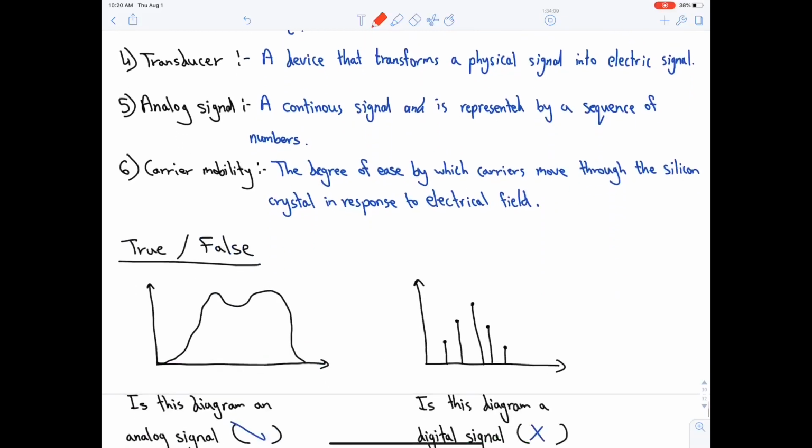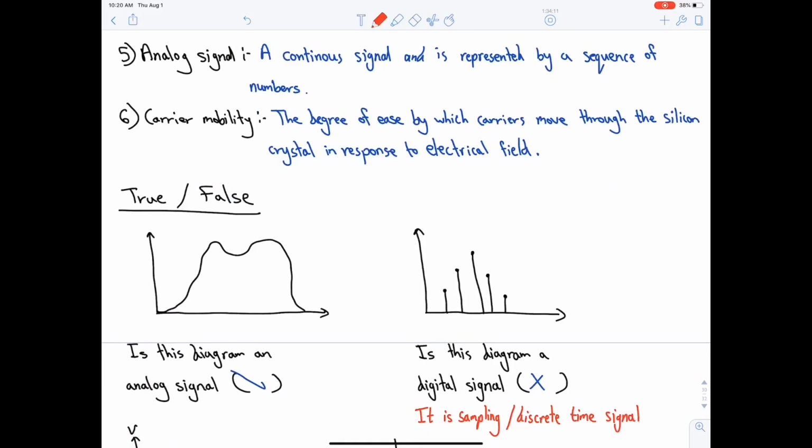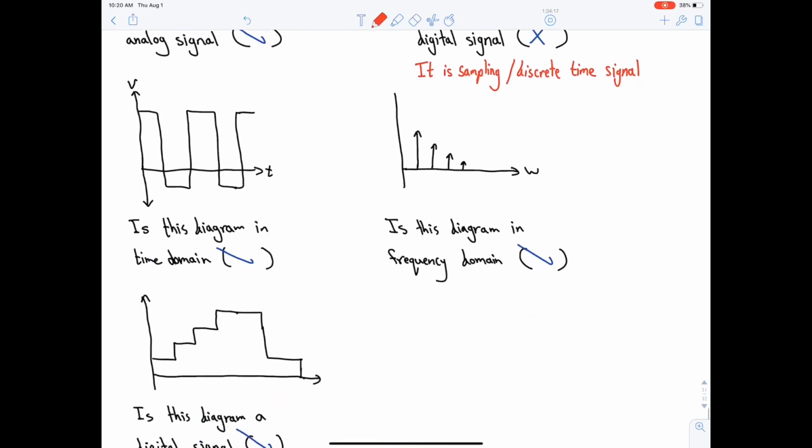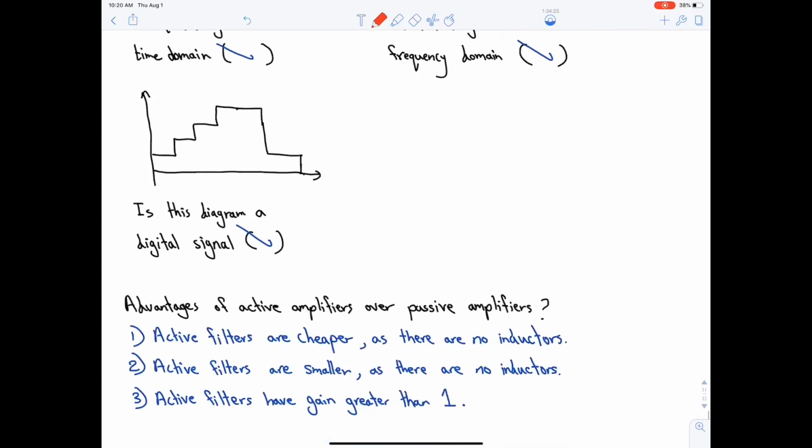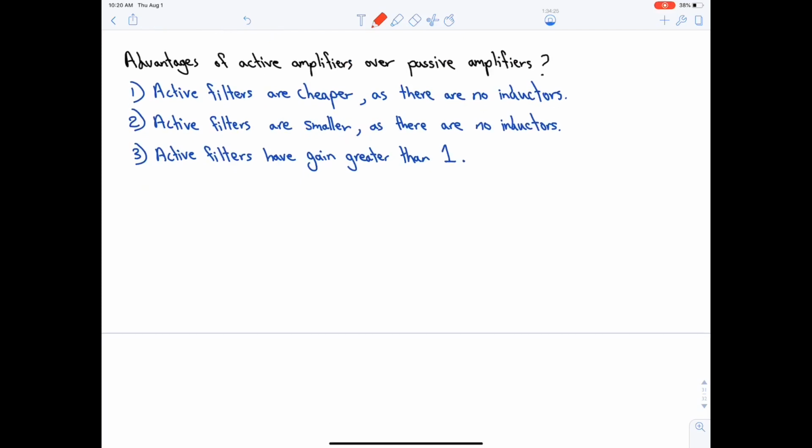Okay, next, and then finally some advantages of active filters over the passive filters.